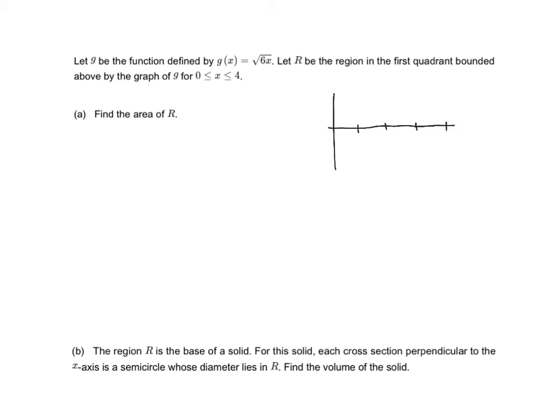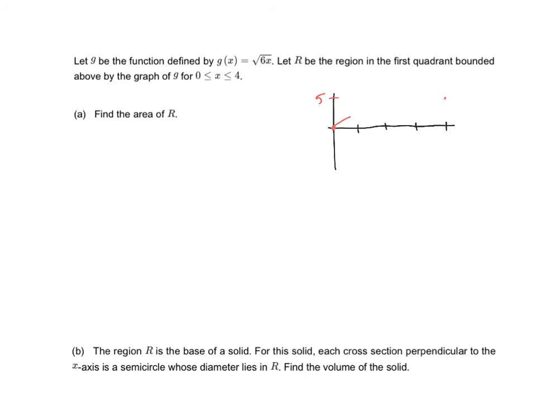And then the graph of square root of 6x. At 0, it's 0. At 4, it's square root of 24, which is a little less than 5. So we'll call that 5, so that's a little less.